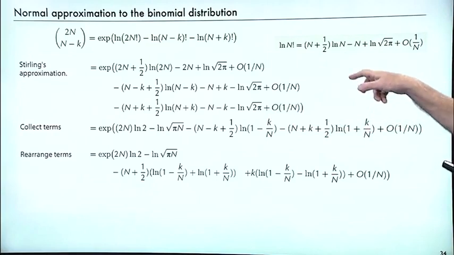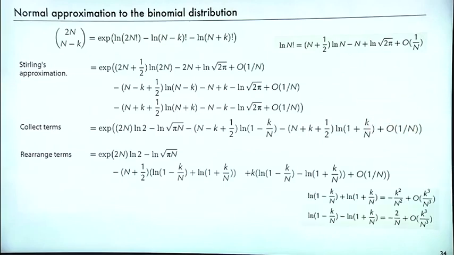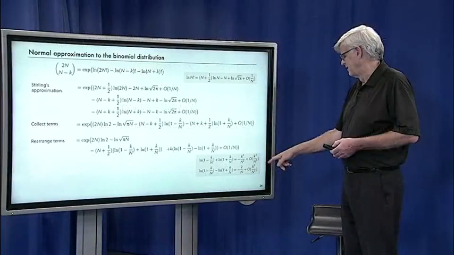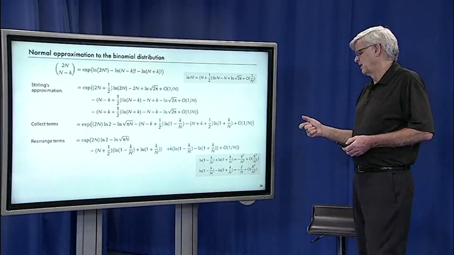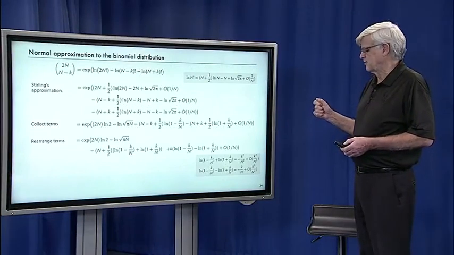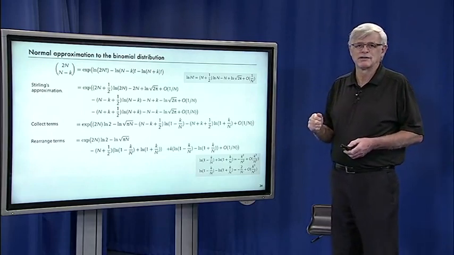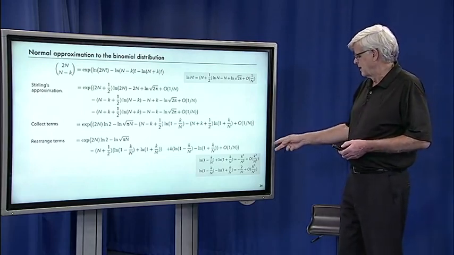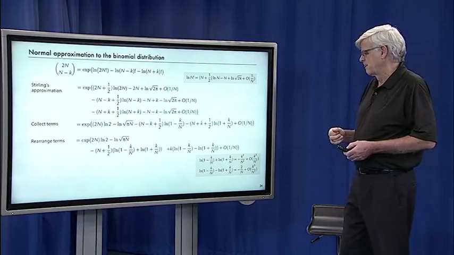Those two, that sum and that difference, that's one of the first exercises that we did, and those things collapse down to just one asymptotic term. So the sum of them is asymptotic to minus k squared over n squared, and the difference of them is asymptotic to minus 2 over n, with, again, big O terms involving k cubed.